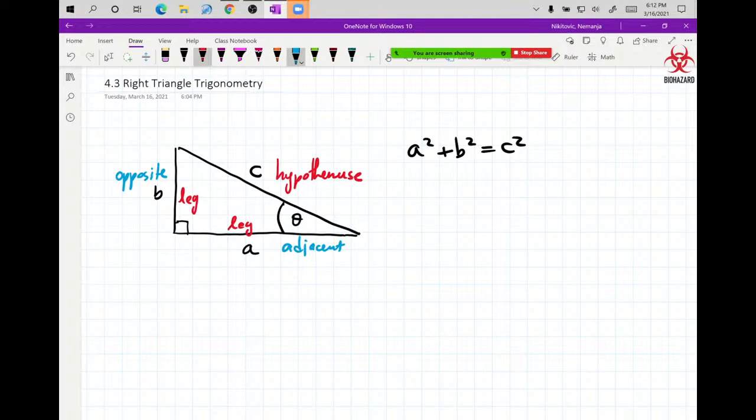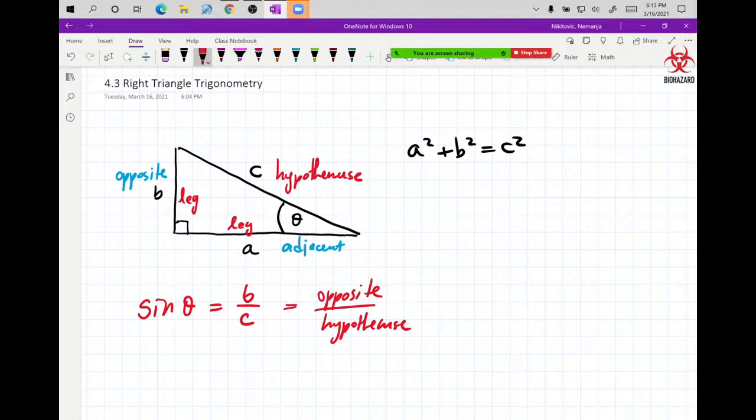So when I write sine theta is equal to b over c, which is actually opposite over hypotenuse, you see that the sine value is equal to the ratio, the division, of the two lengths, b divided by c.